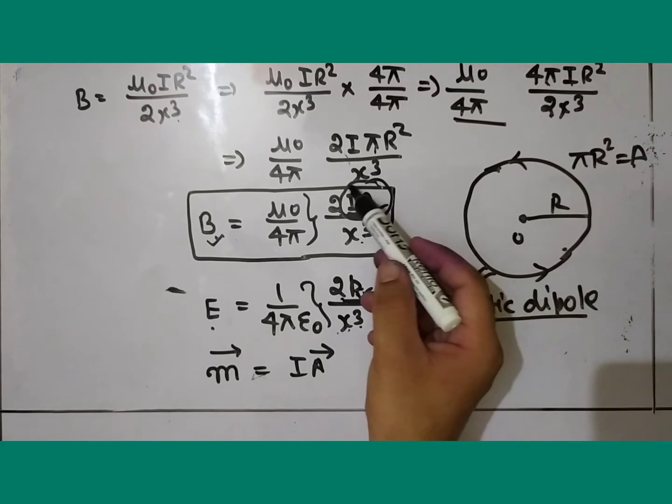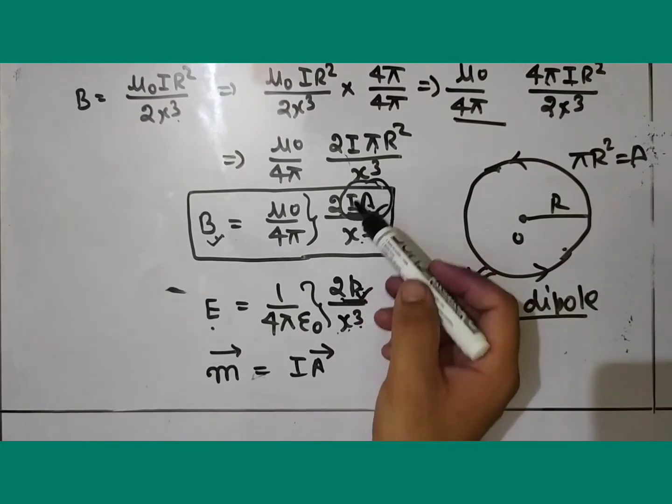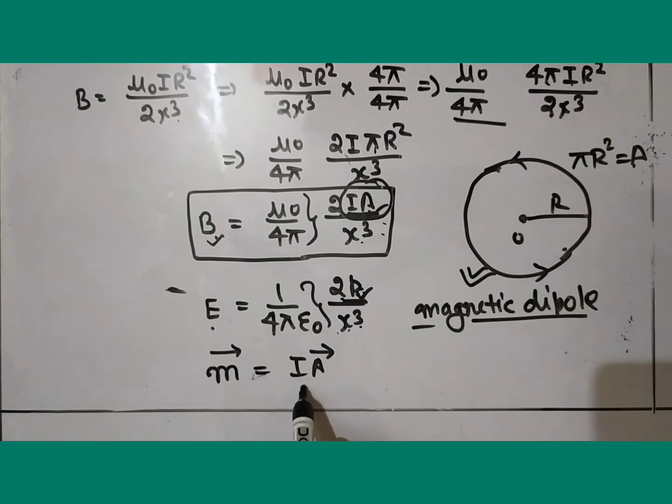We have assumed that the magnetic moment is a vector quantity, given as Ia vector. From this expression you can relate that the direction of the magnetic moment will be the same as the direction of the area vector.